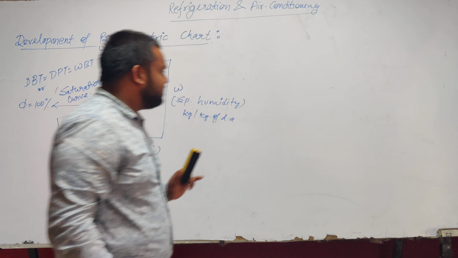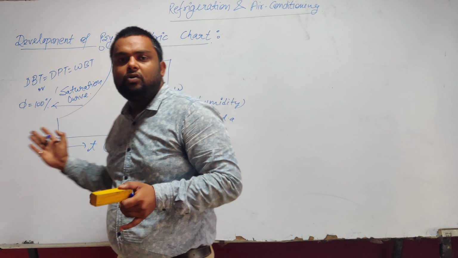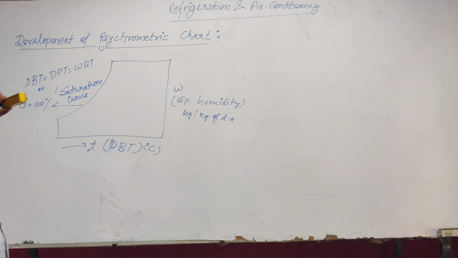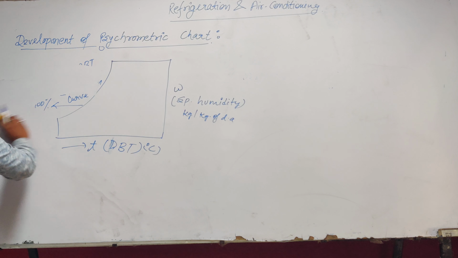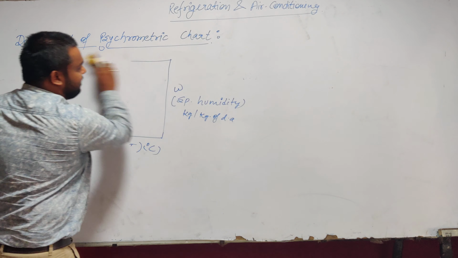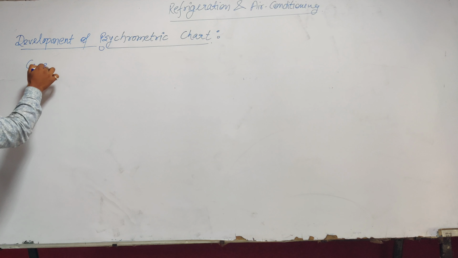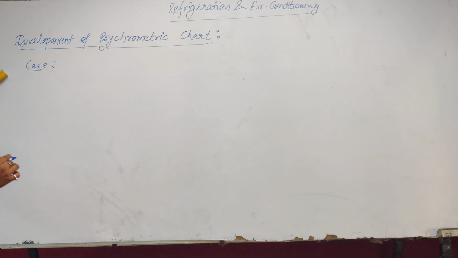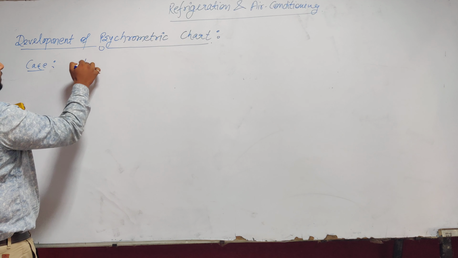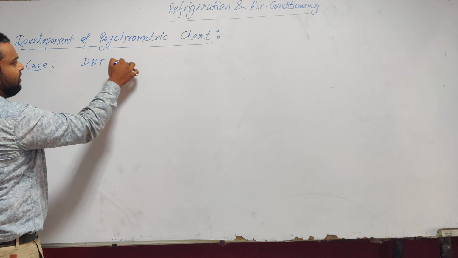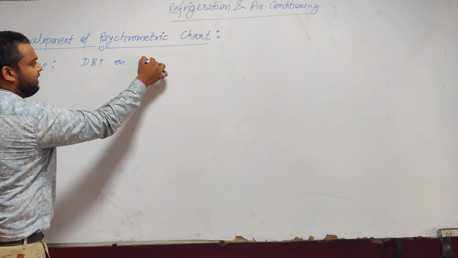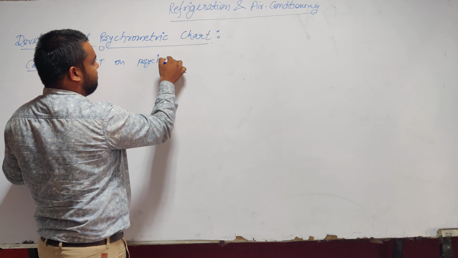So one by one we discuss the properties and how they can be seen on the psychrometric chart. Firstly, case 1, we see the DBT on the psychrometric chart. How can we draw the DBT on the psychrometric chart?